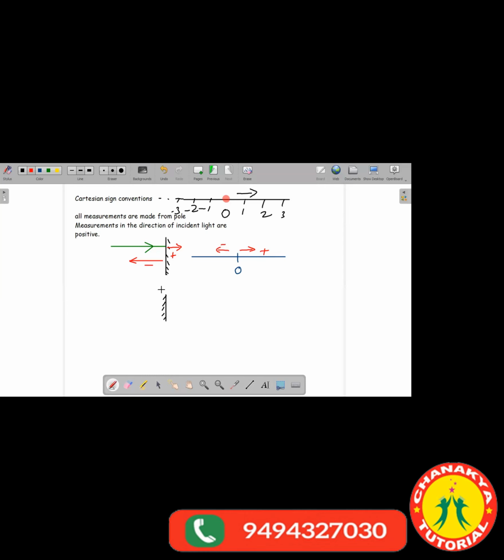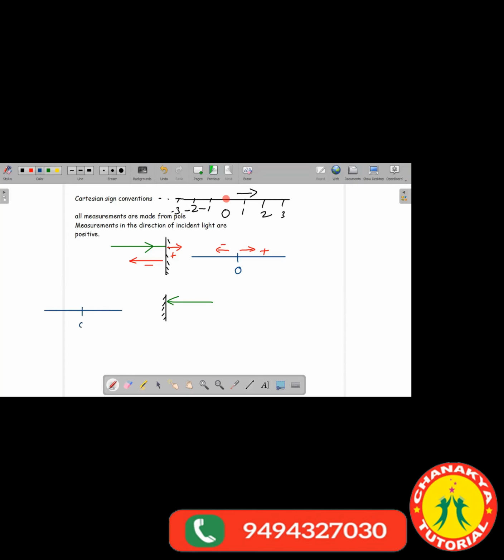If you observe this mirror, your incident light is now falling from this direction. Which direction will we take as positive, left side or right side? Yes, the left side.